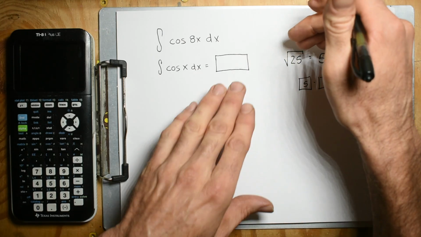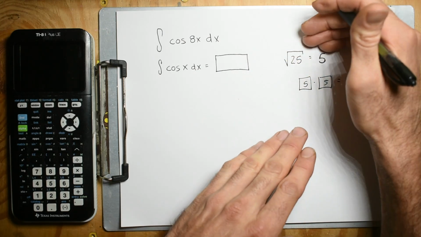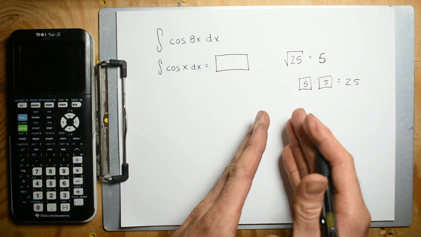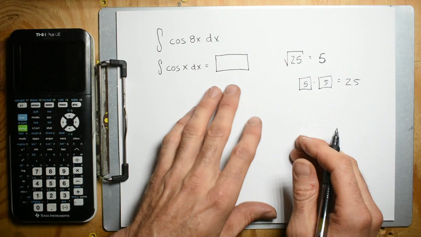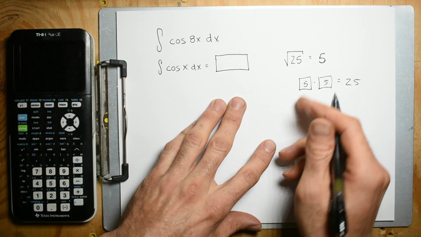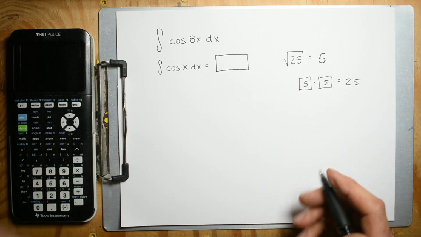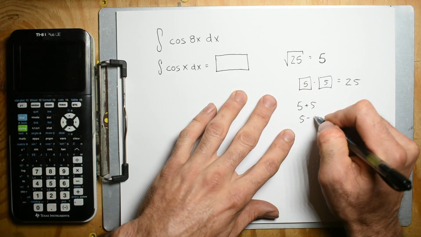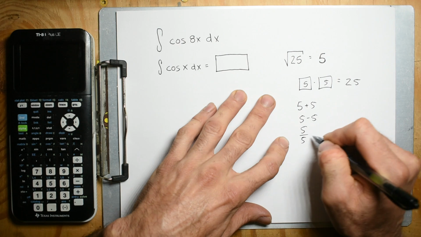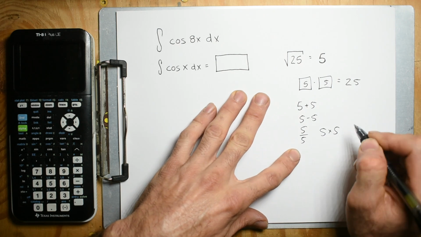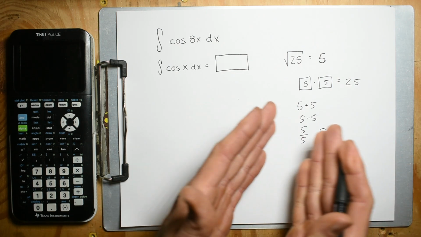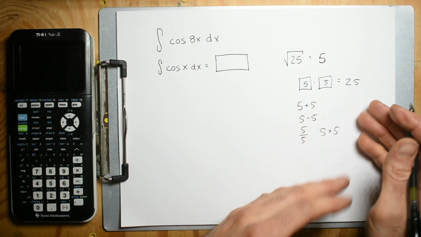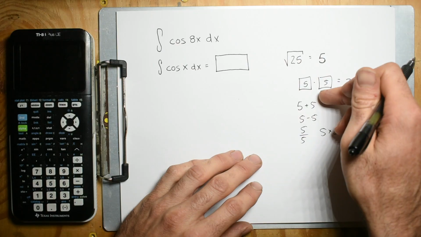But at some point in your mathematical progress, and this can even happen in high school, things aren't just 5 plus 5, 5 minus 5, 5 divided by 5, 5 times 5, straightforward, do something with it and get on to the next thing. It's kind of a roundabout way.